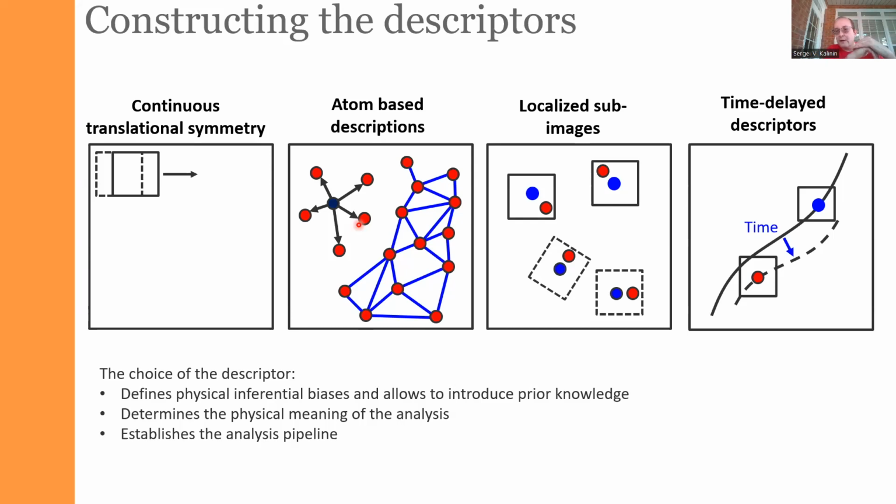So if we want to combine these two types of descriptors, we can create patches centered on the individual atomic units. For example, if I want to analyze the properties of silicon in graphene, I can find all the silicon atoms and create patches centered on each silicon atom, but including a part of the graphene lattice around it. Then I can analyze the local chemical structures of these images.